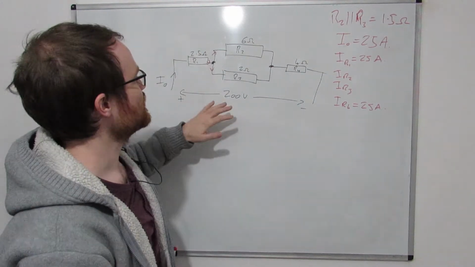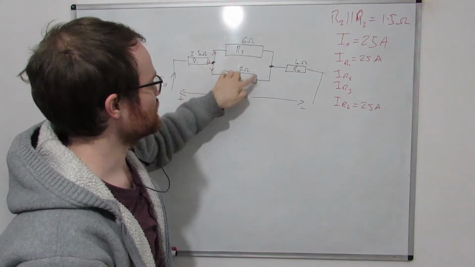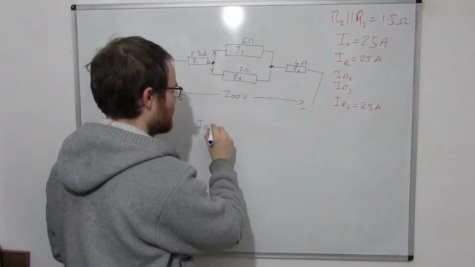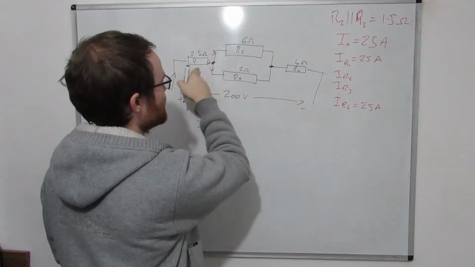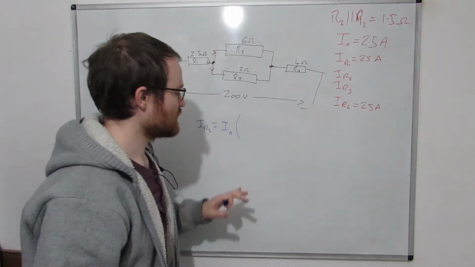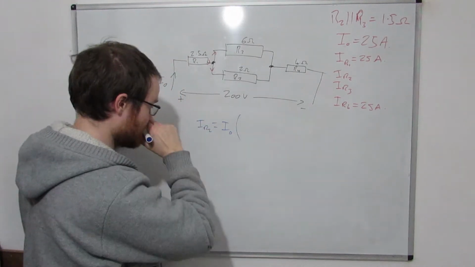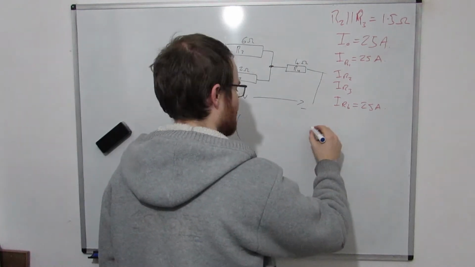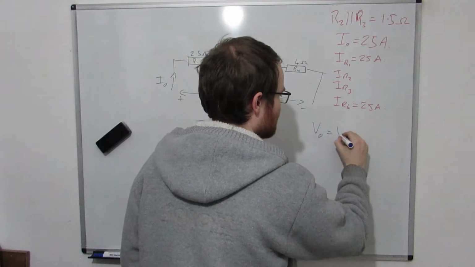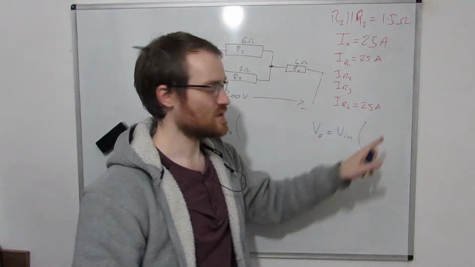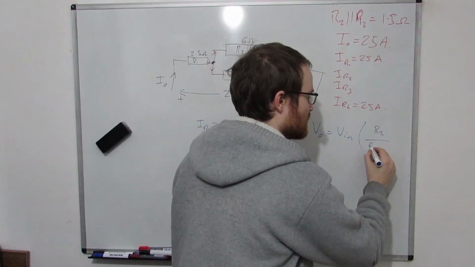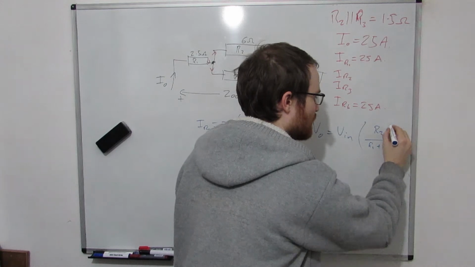So that basically works with, you take the resistance of the current branch that you're looking for, so let's look for IR2, and that equals the current in, which in our case is going to be this I0, so we'll call it I0 times... The voltage divider equation was where you took the V that you wanted, so let's call that V out, and that was V in times the resistance that you want to find on the top over the sum of the two resistances on the bottom.